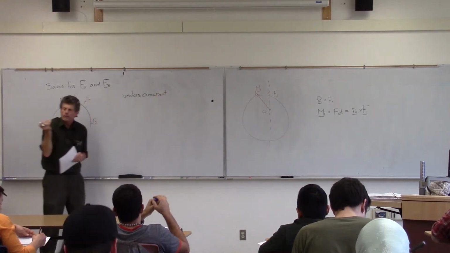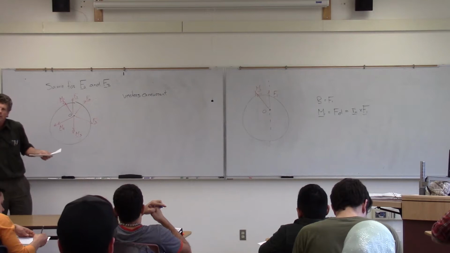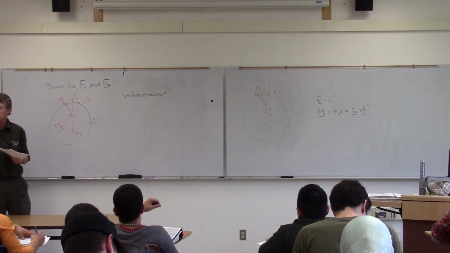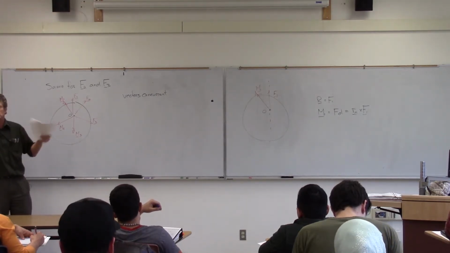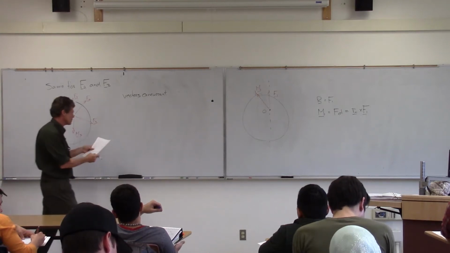And when we have that ability to do concurrency then, we can use our vector algebra. We just simply add them. And if we've got it broken into Cartesian coordinates, x, y, and z, we're just going to sum up all the x components, the y components, and the z components.